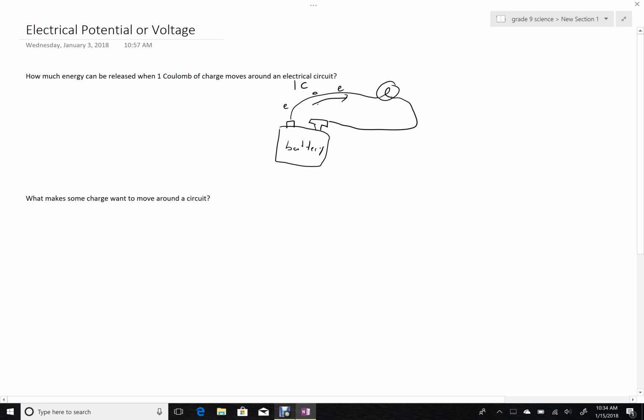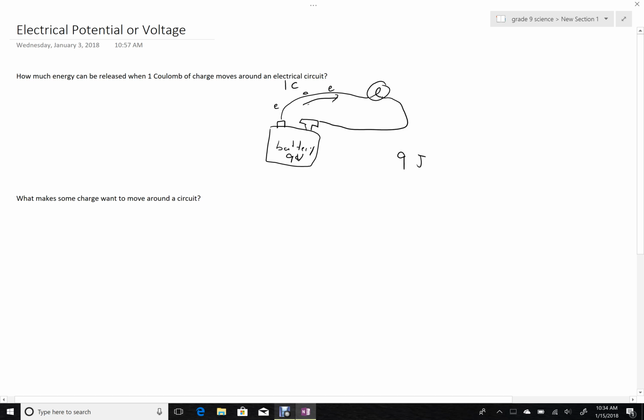That's a whole bunch of electrons to flow through. If this is a 9-volt battery, that means that 9 joules of energy will be released when 1 coulomb flows around. So the formula here is that energy is equal to the voltage times the charge. So how much energy we get when we have 1 coulomb of charge.